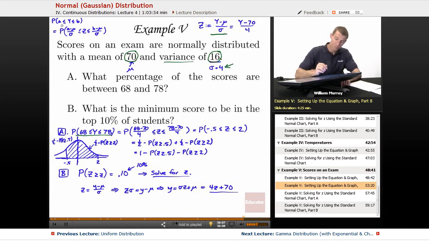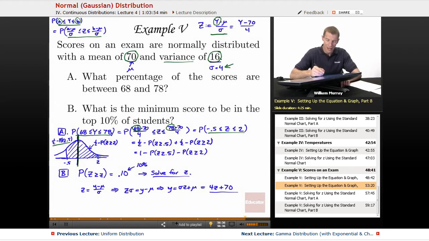And so if I have a range of values for y, here's how I convert it into a range of values for z. I just plug in the a and b for y into the equation for z. So I plugged those in. The a and b are 68 and 78 in this case, and I got a range for z. And then I looked at that on my chart here, on my graph, and I'm going to split that up and calculate each one of those ranges separately.